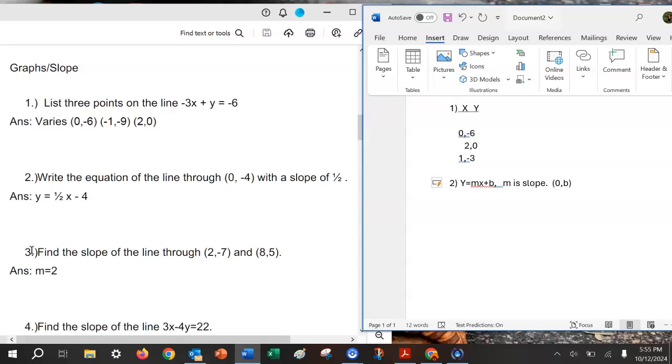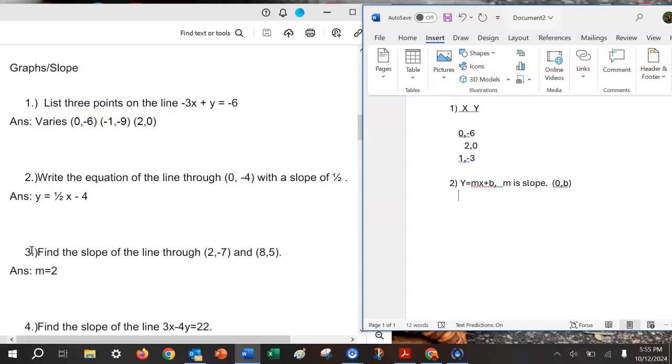The y-intercept goes through the y-axis. So it says to write an equation of a line going through that point with a slope of 1/2.